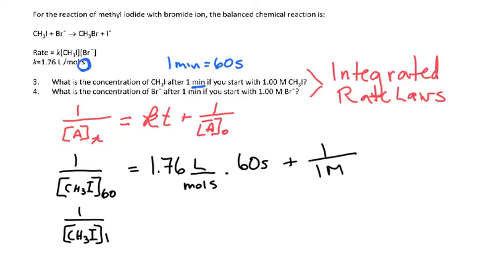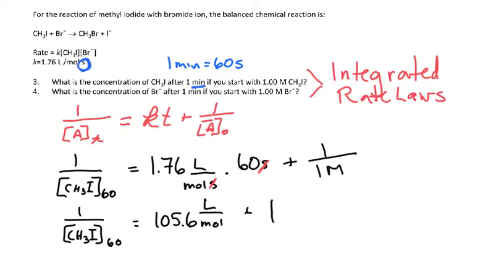1 over the concentration of methyl iodide at 60 seconds is equal to 1.76 times 60, which is 105.6. Seconds cancels with seconds, liters per mole.